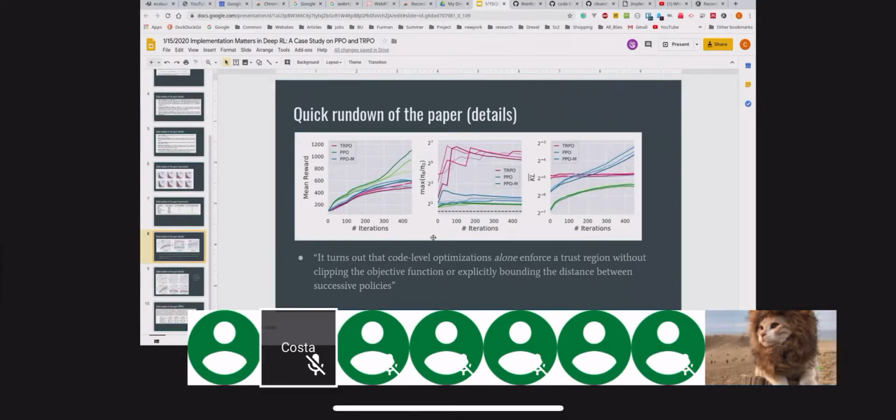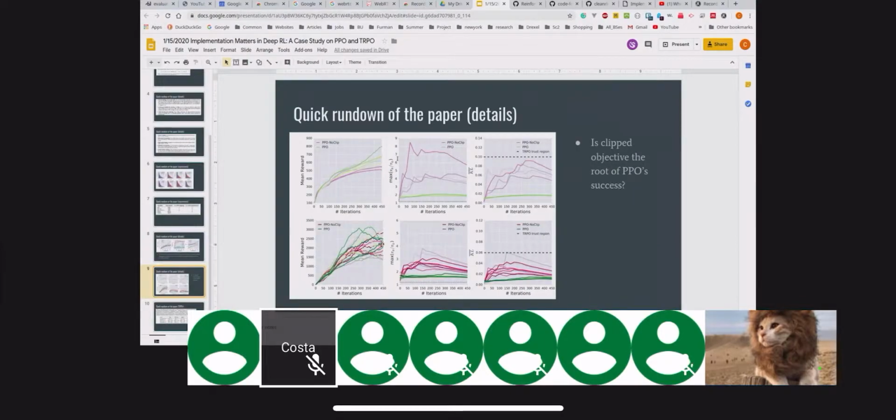And quoting from the paper, it says it turns out the code-level optimization alone enforces a trust region without clipping the objective function or explicitly bounding the distance between successive policies. So that's a very interesting conclusion.